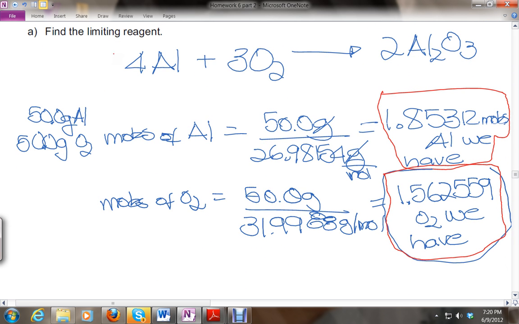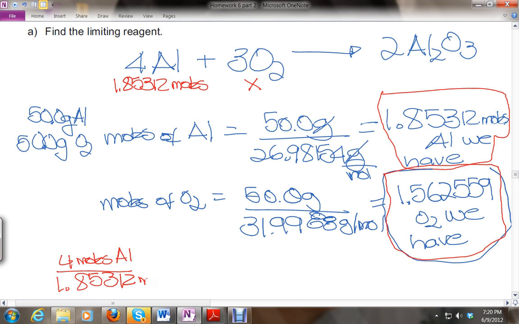I'm going to use here 1.85312 moles, and I'm going to find out how many moles of oxygen I need. So again, 4 moles of Al is to 3 moles of O2.